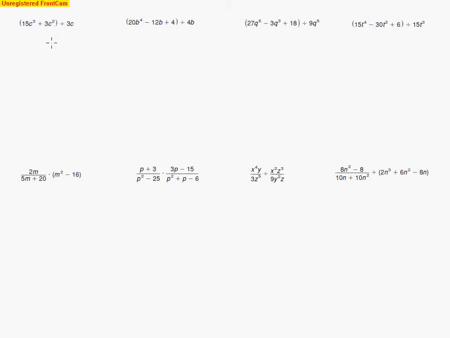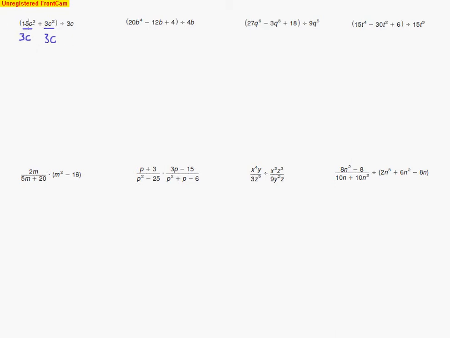And so all you're going to do when we're dividing by a monomial, which is just one term, is take each of the terms in the polynomial here and divide them by that one number. Here, I'm going to just rewrite this as 15c to the third over 3c and 3c to the second over 3c. You're just going to divide each of the terms by this monomial and then reduce the fraction.